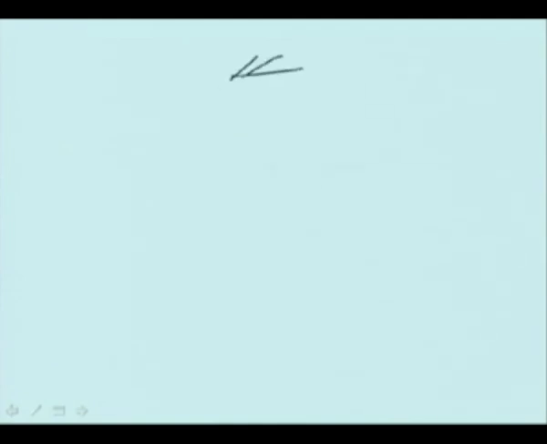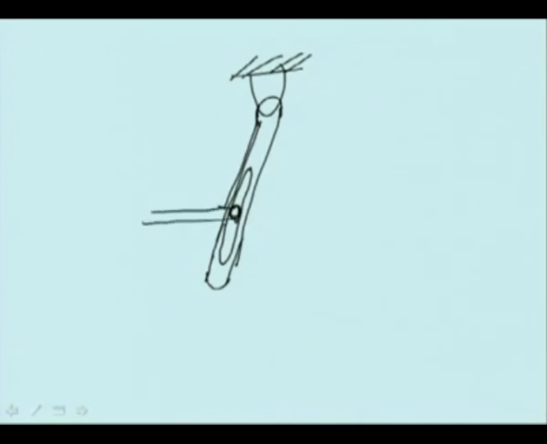Here this is a link, and this link is having a slot, and in this slot a bar is kept, which can slide, and this is another link which is hinged here.